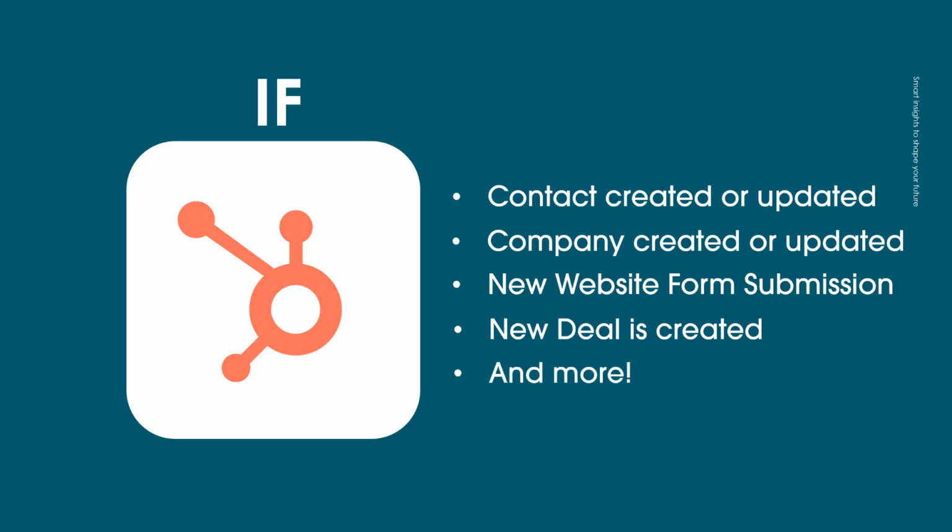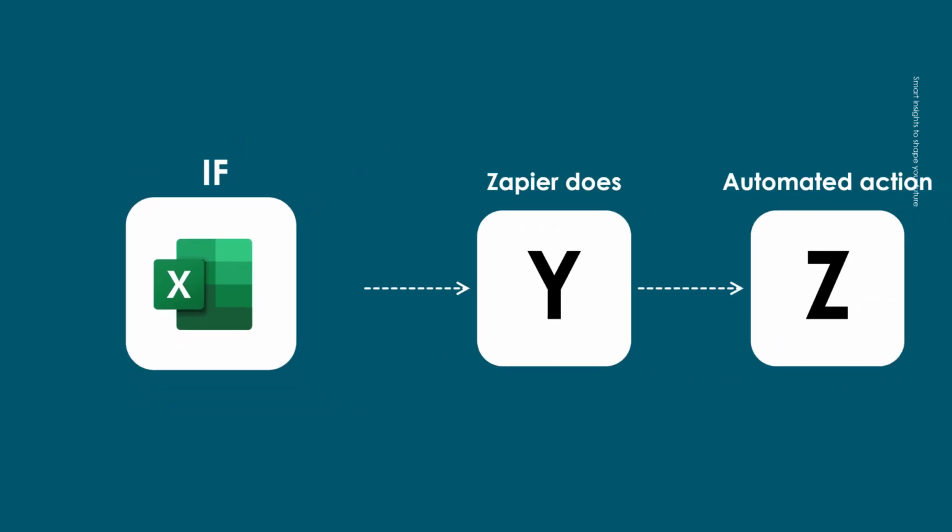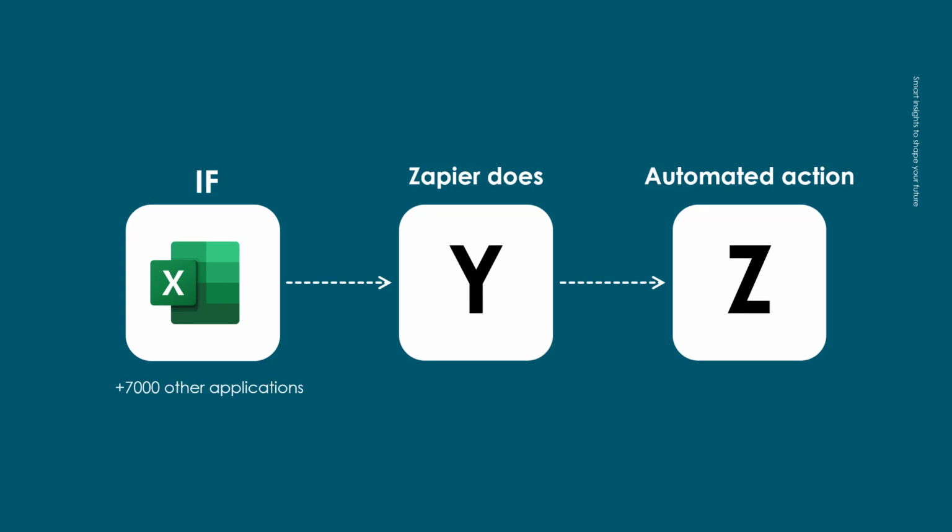And of course, we can't forget about Excel and spreadsheets, because let's be honest, finance teams love them. With Zapier, you can automate workflows whenever a new row is added to a spreadsheet or when any row is updated with fresh information. Let's see this in action with Excel as the trigger. Step 1. You enter a company name or KVK number into an Excel row.